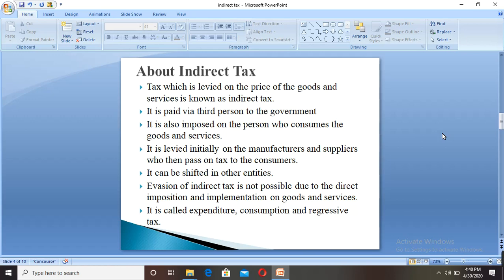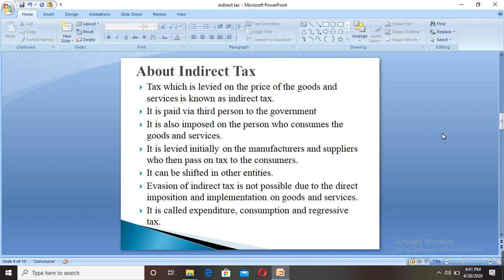Direct tax, we know, cannot be shifted from one entity to another entity. But in indirect tax, tax is shifted from one entity to another entity during the time of its payment to the government. It is levied initially on the manufacturers and suppliers who then pass on tax to the consumers.